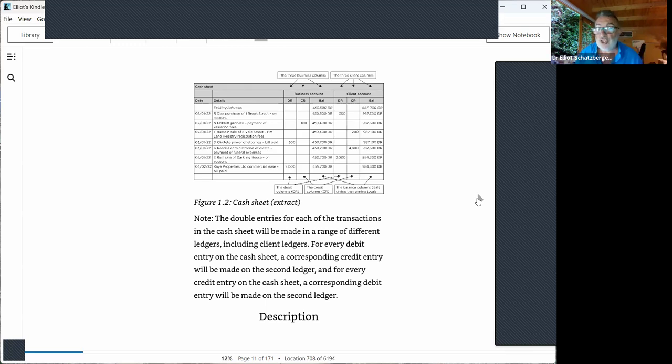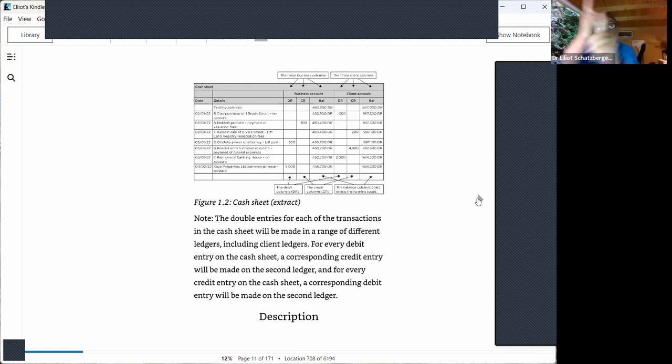Well, in the cash sheet, there are two sides, two columns, if you like. The business column and the client column. And again, you mustn't put it in the wrong one. So Diaz has given us £300, and that is his money because it's on account. Now it's going into the cash sheet.